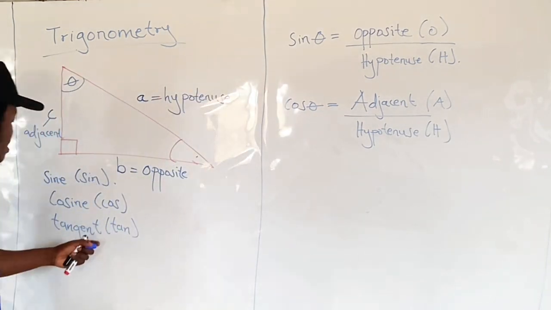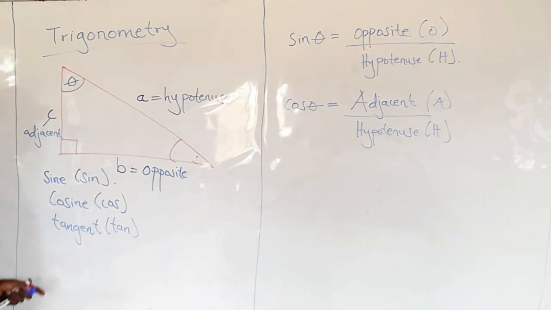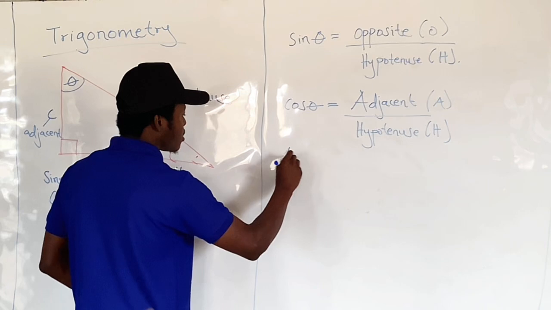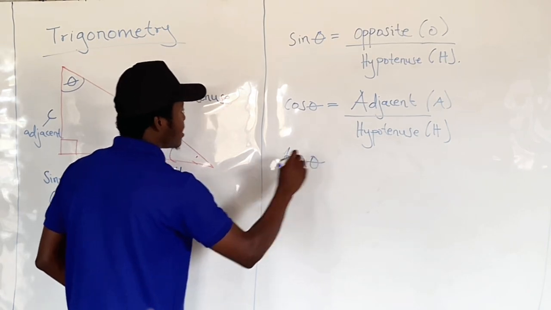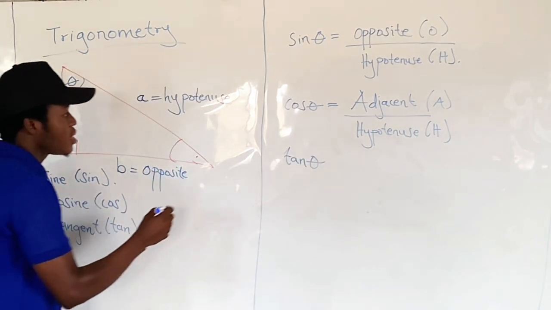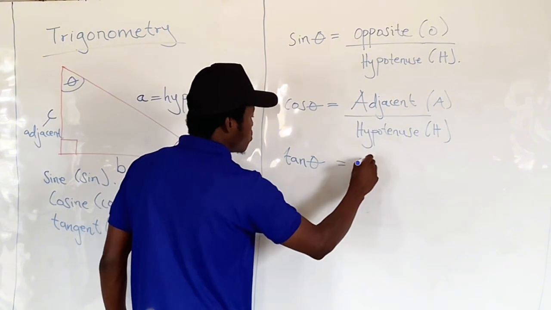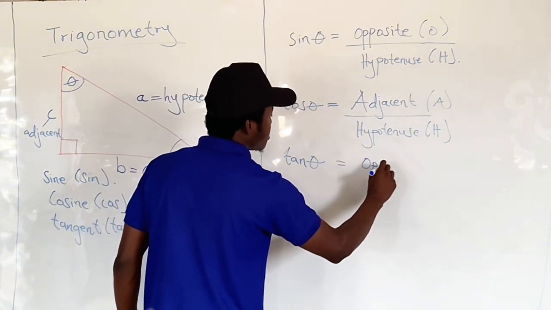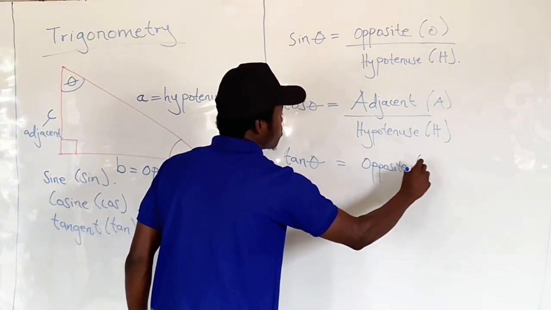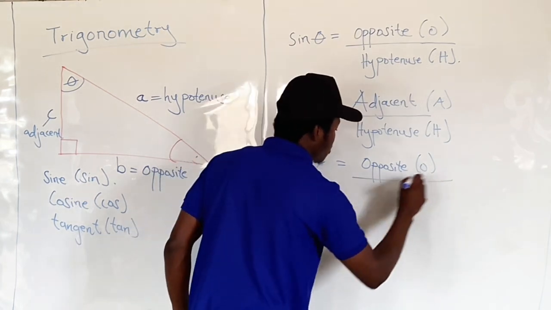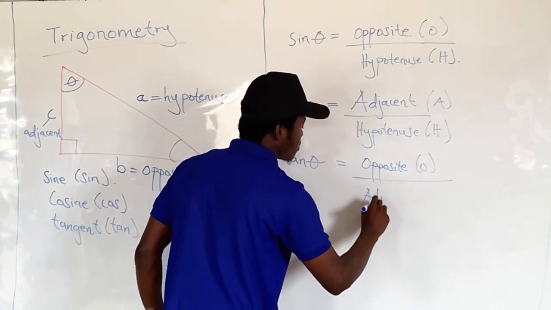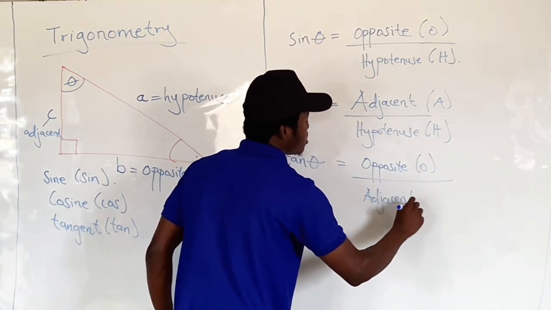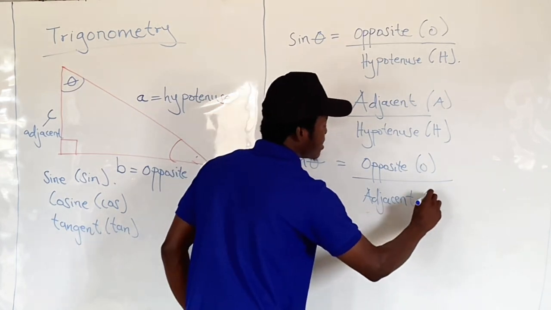And then the tangent of an angle, or tan of an angle. The tan of an angle, this angle theta, is always equal to the opposite side over the adjacent side, O for opposite, over the adjacent, A for adjacent.